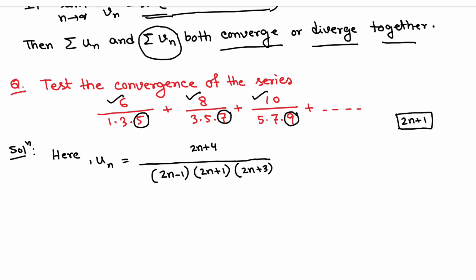Now the question is how to understand when we have to apply the comparison test. This is the main question. How can you understand that you have to apply the comparison test?